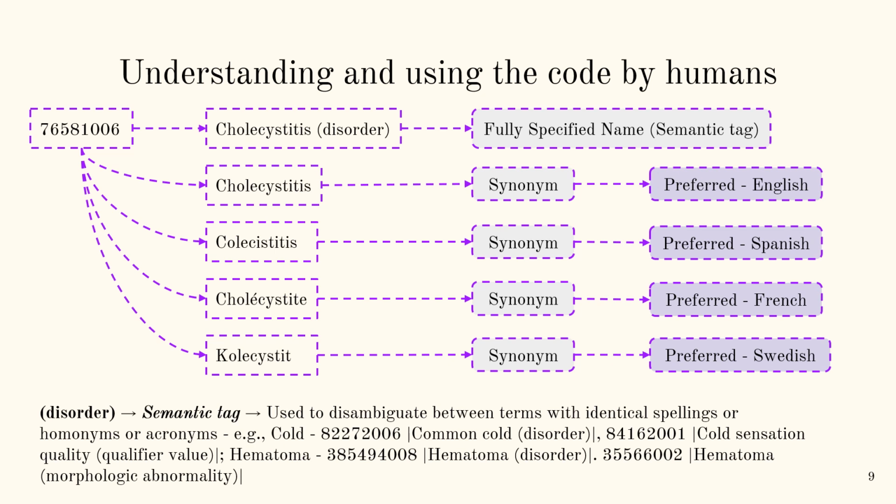Now supposing you want to add something, let's say, maybe you are interested in Klingon. So you have a term which means cholecystitis in Klingon, you can add it, and it would have that particular concept identifier. No problem. You write in Klingon, the machine will still be able to interpret it. No problem. And I think you are now beginning to see the power of SNOMED.